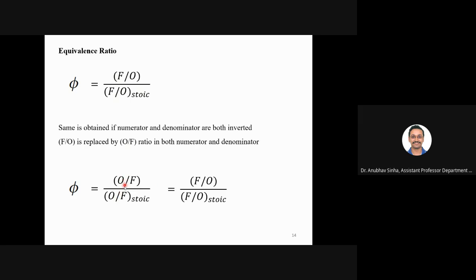Both numerator and denominator are reversed. Instead of F by O, I am taking O by F, and the same here, so the whole fraction remains unchanged. These are two ways in which you can define it: either the fuel to oxygen ratio or the oxygen to fuel ratio, and then you can define the equivalence ratio.